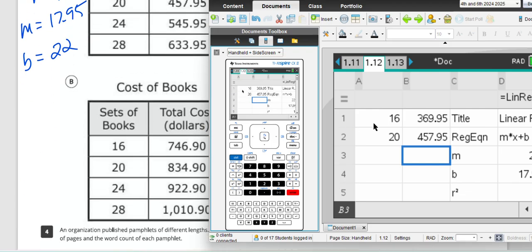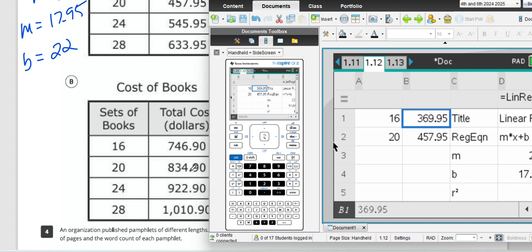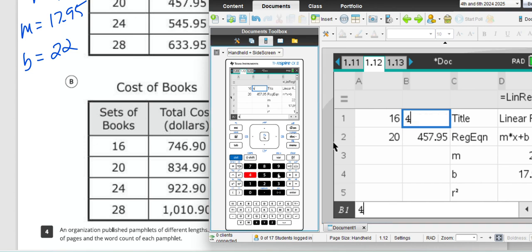Let's go over here, 16, and here I'm going to go with 4. Wait, time out real quick. Okay, 746.90, 834.90.